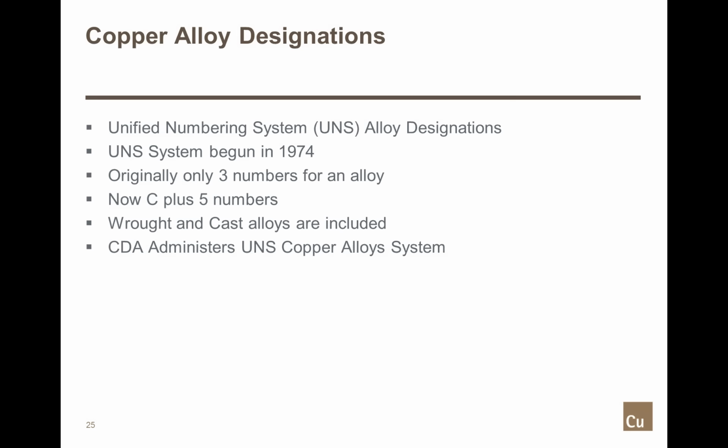Now, the numbers all start with a C for copper, being a copper alloy, plus 5 numbers. So the original 3 numbers that were used for alloys starting in 74 have been expanded. And we'll see how that looks in a few minutes. Wrought and cast copper alloys are all included in this system.